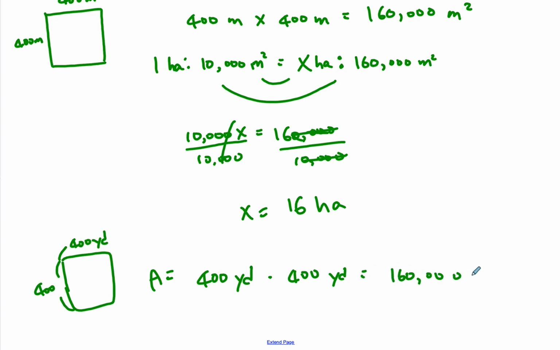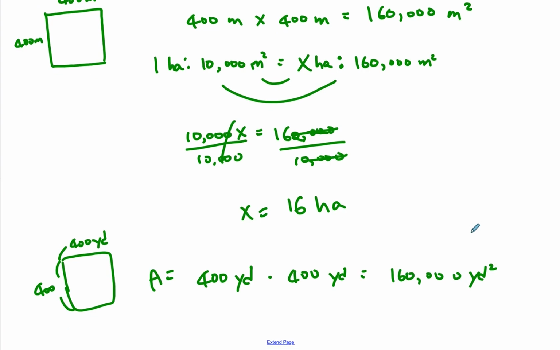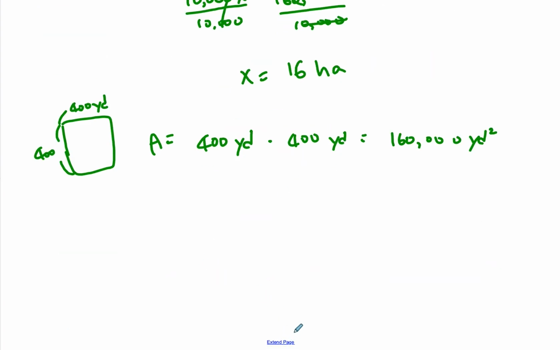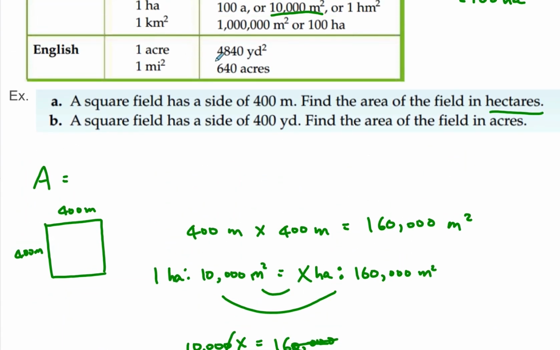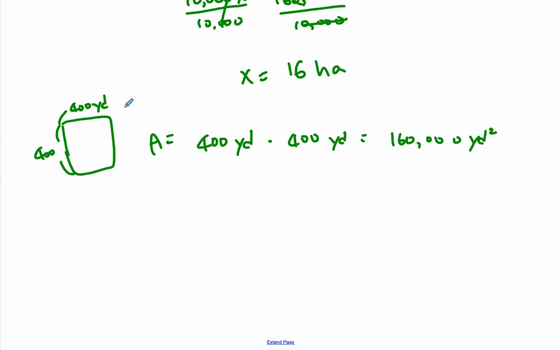This time it is square yard. Now it says you need to find that in acres. And what do we know about yards and acre? We are given the yards and acre relationship here. 1 acre is equal to 4,840 yards squared.